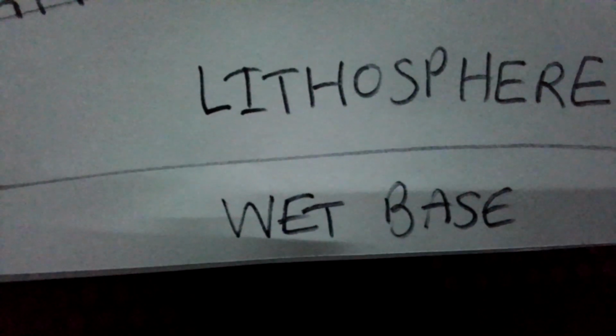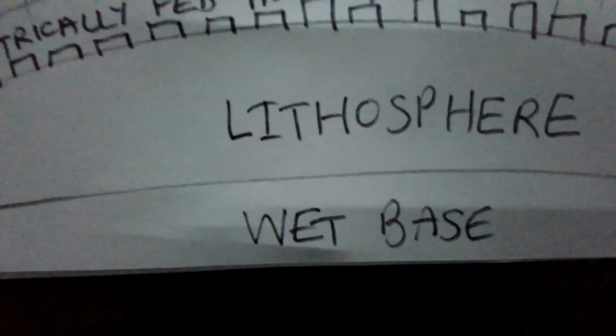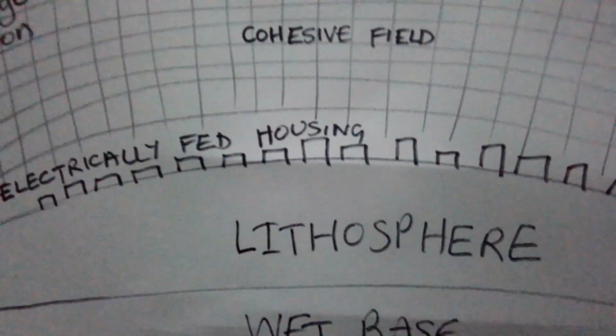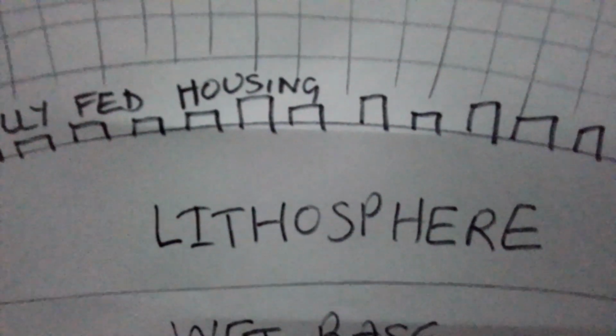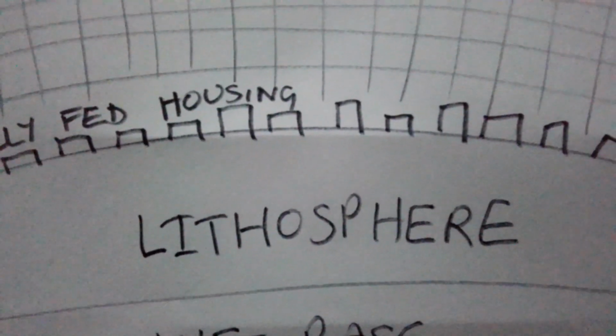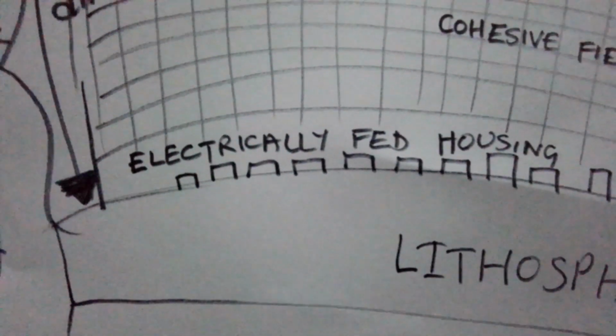We have a wet base between, which is saline, between the sea and the ocean. This is pretty dirty because all of China empties into that. Not all of China. But the island is the lithosphere, and then it's covered with electrically fed housing.